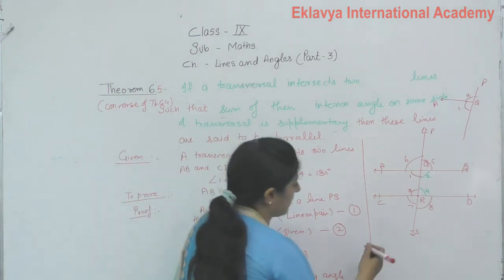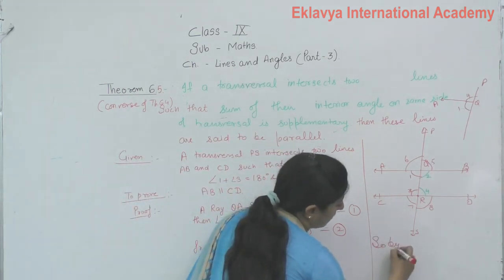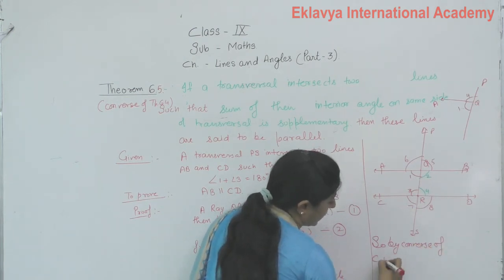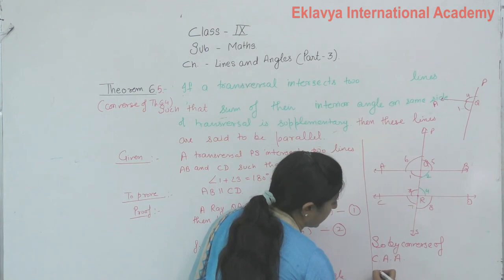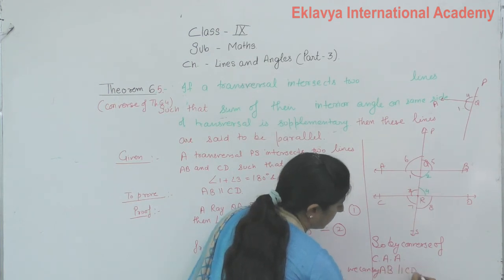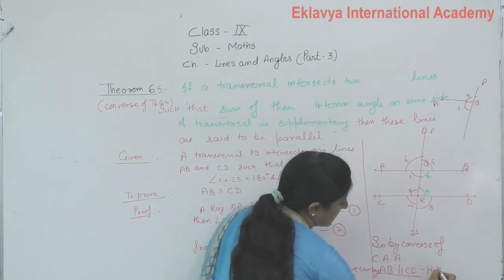So by the converse of the corresponding angle axiom, we can say AB is parallel to CD, hence proved.